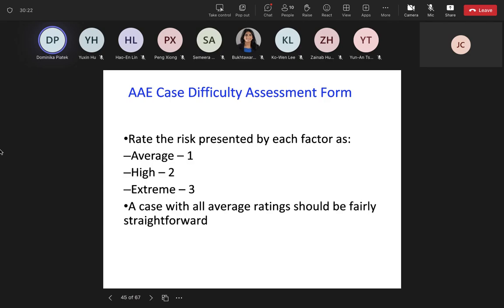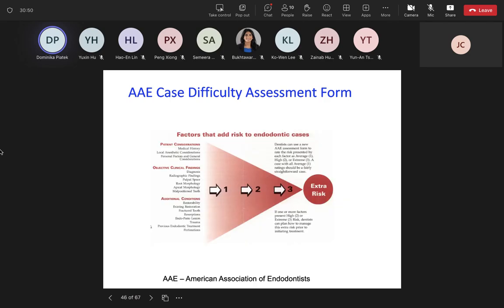And here we have some assessment form for that kind of situation. We are trying to rate the risk presented by each factor as average, high, or extreme, and a case with all average ratings should be fairly straightforward. So this is that.